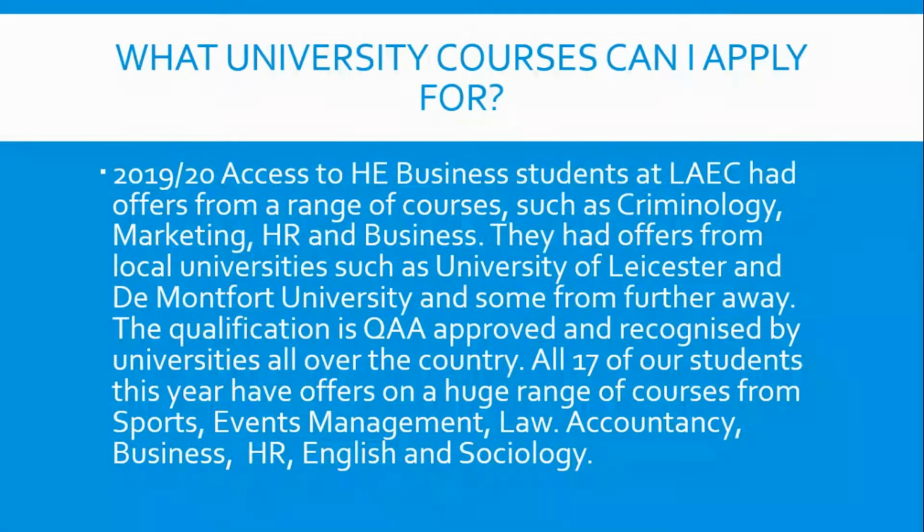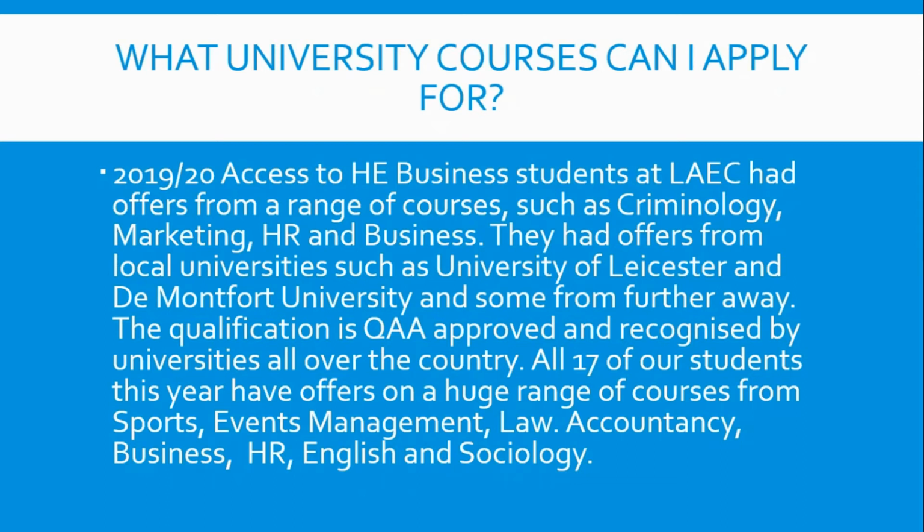So what university courses does it prepare you for? Because you're doing sociology and psychology, that doesn't necessarily mean that you have to go to university to study those subjects. The access course is recognised as a preparation for university, and it prepares you for a wide range of subjects. There are a few exceptions.